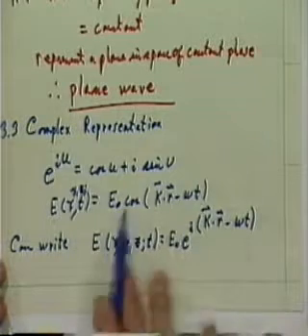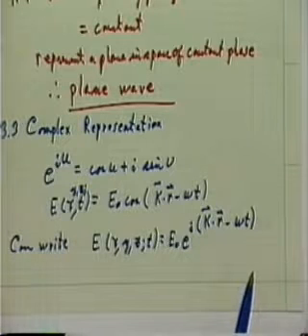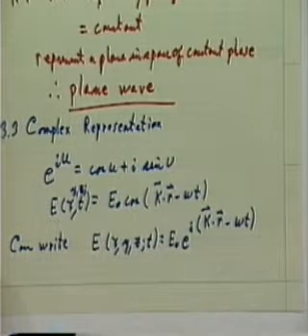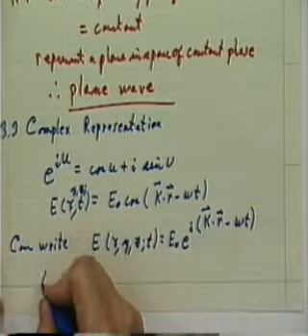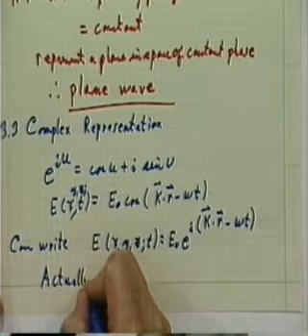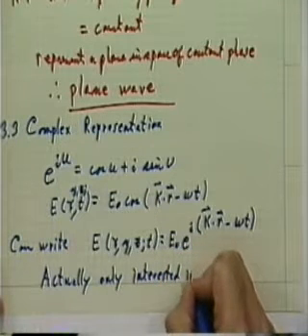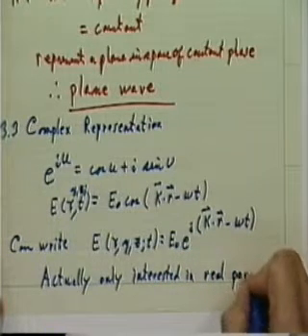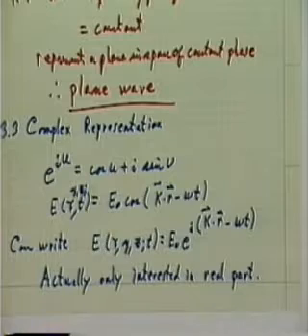We often use the complex notation just because the algebra is simpler. So we're actually only interested in the real part. But we'll use complex notation to simplify the work. Okay, so that's it for chapter 3, section 3.3. Let's put that off to the side.